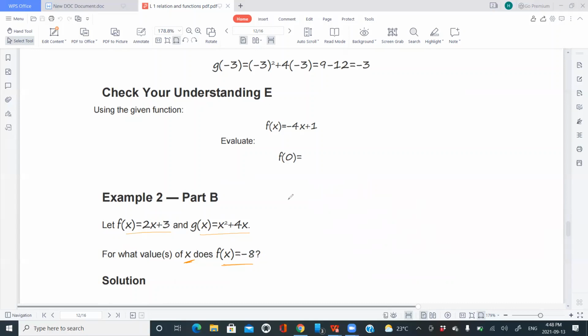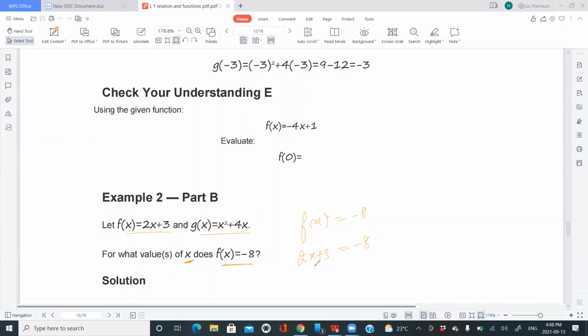So f(x) is equal to negative 8. This is given, right? f(x) means the whole thing is negative 8. Usually after plugging in, we find the answer, but here the answer is given and we need to find what we will plug in. So in place of f(x), I will write 2x plus 3, is equal to negative 8.